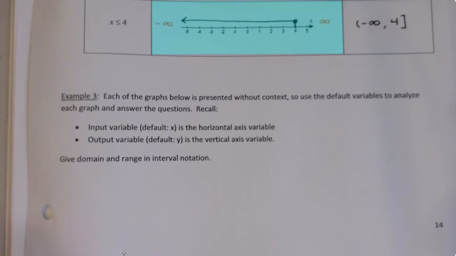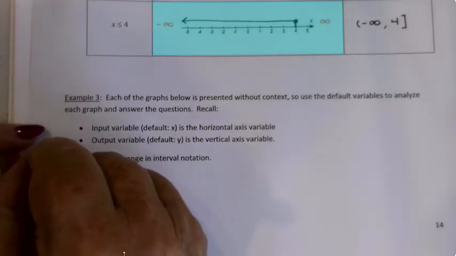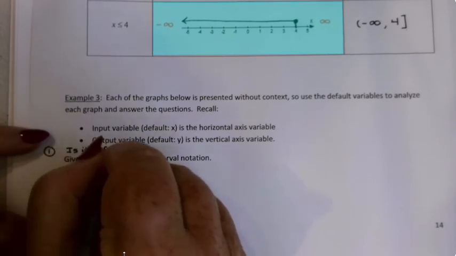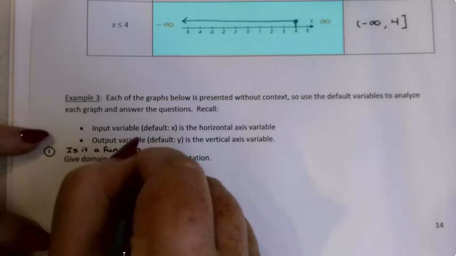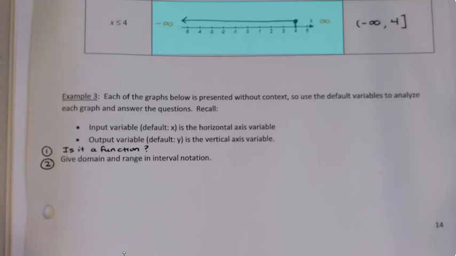I first want to answer the question, is it a function? We should probably answer that first. And then secondly, we'll give the domain and range, and we'll use our new interval notation to do that.